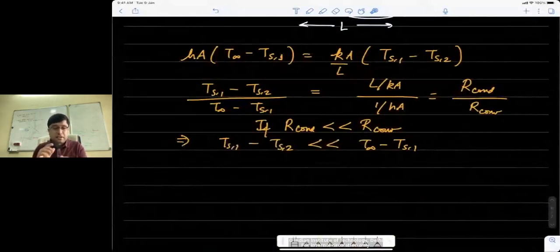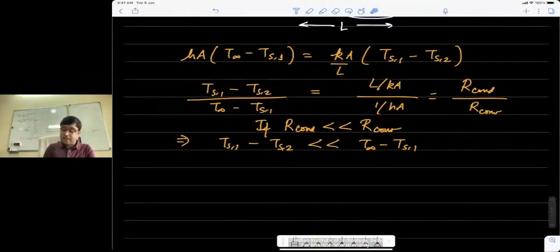It's an assumption, but I can assume that the spatial variation of temperature inside the solid is negligible as compared to variation outside the solid in the boundary layer. And that is the whole essence of this lumped capacitance method, that we neglect spatial variation if the conduction resistance is much less as compared to convection resistance.